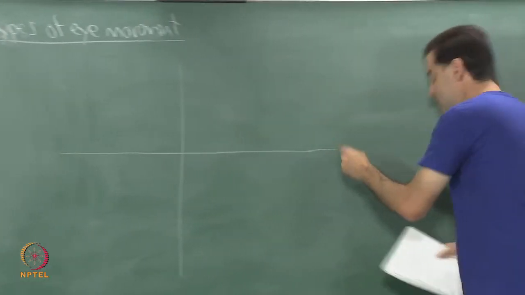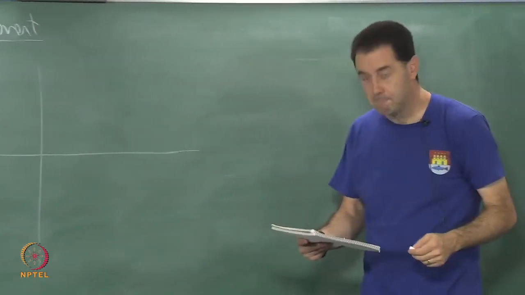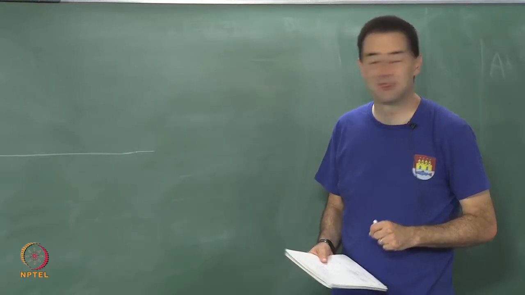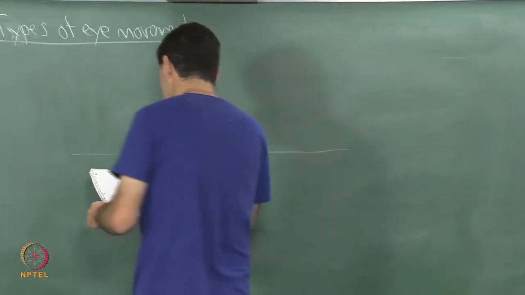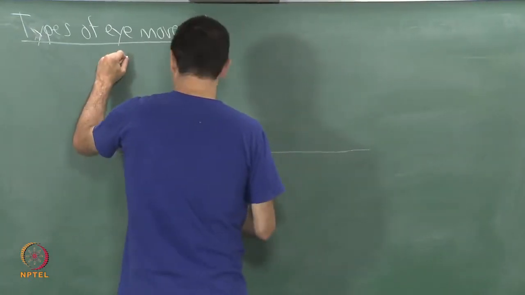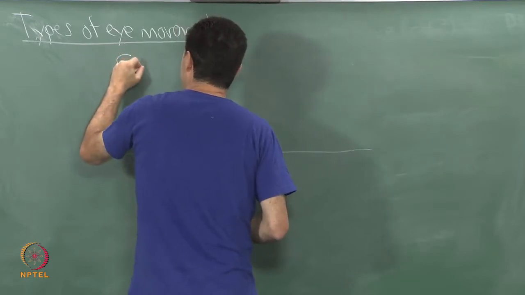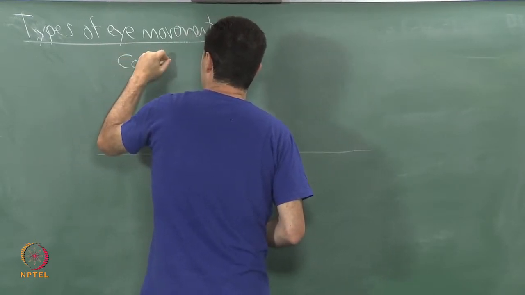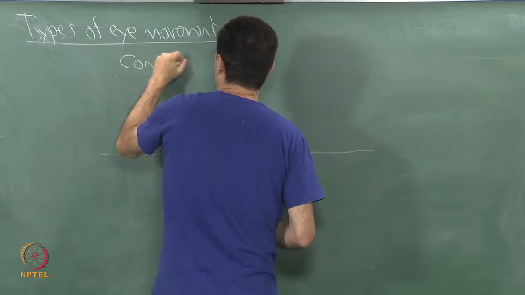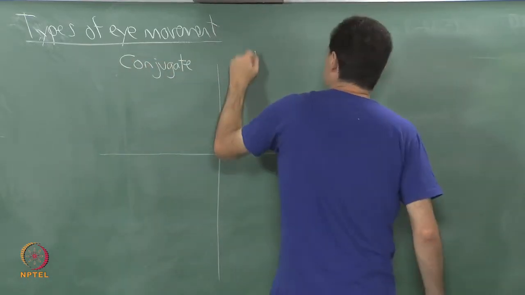I'll put down some names, and then I'll show you a couple of short videos, and then I will explain these different modes. So here I will call the motions conjugate. And here I will call them disjunctive.